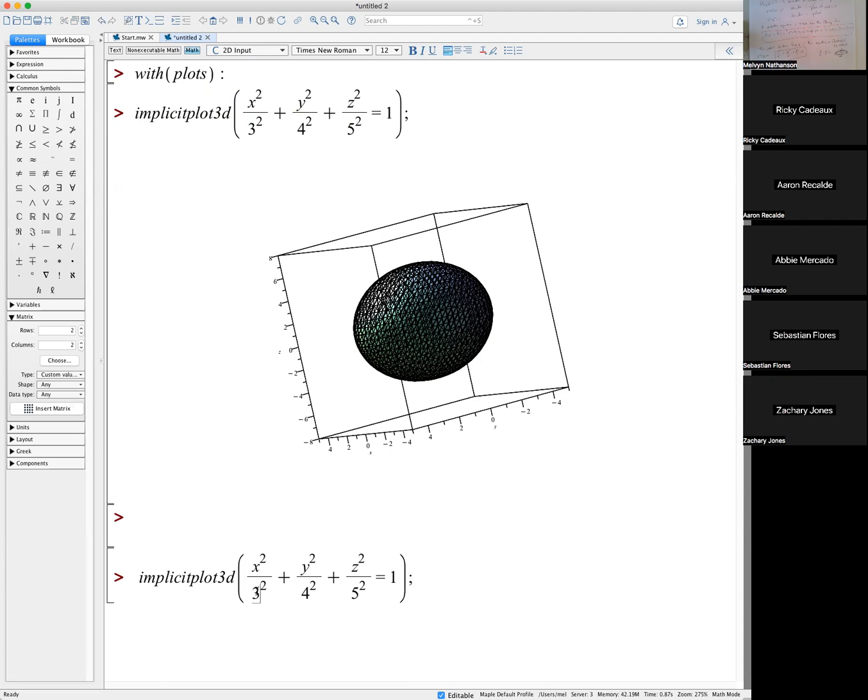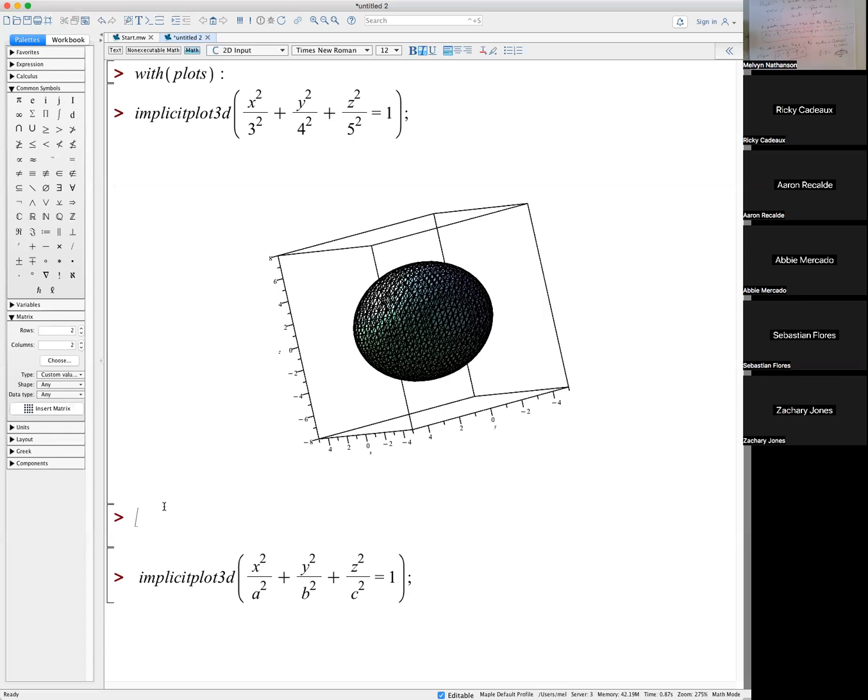Suppose I change these numbers to just A, B, and C. So that's the general equation of an ellipsoid.